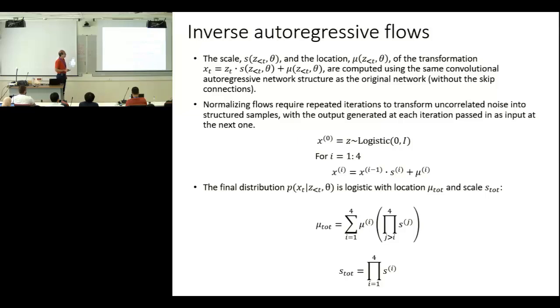However, the initial logistic has 0 mean and unit scale, while the final distribution has a mean and a scale which are not always 0 and 1, but are time varying.